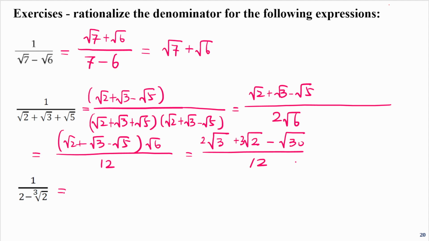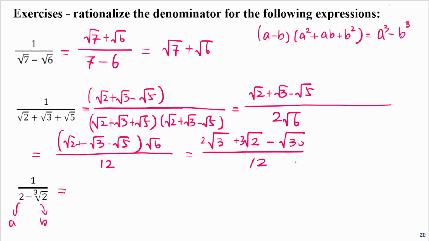So remember, we have learned a formula called a minus b times a squared plus ab plus b squared. This can be written as a cubed minus b cubed, right? So apparently we have this number is a, this number is b.